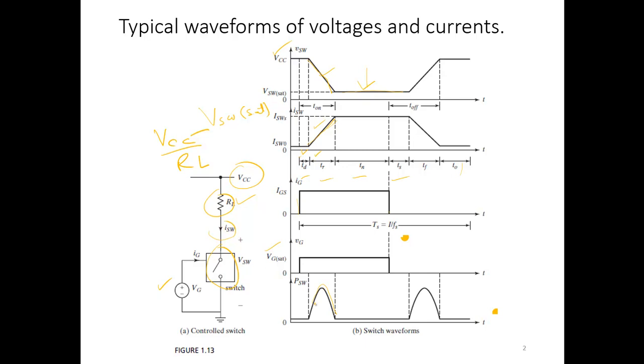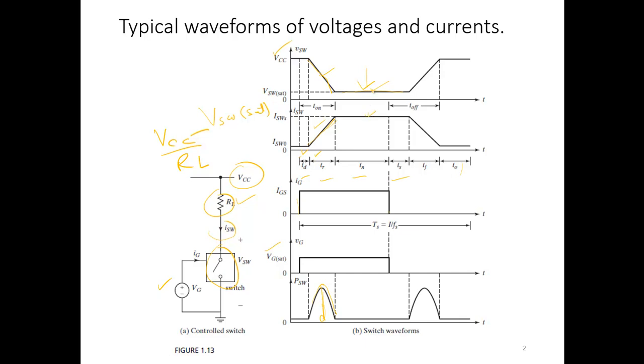If you multiply them, that will be the power. Normally the instantaneous power becomes maximum somewhere in the middle of that. But the steady state power is the small V times I.